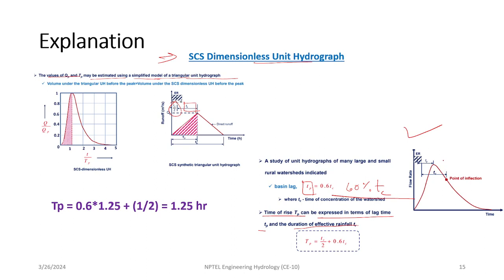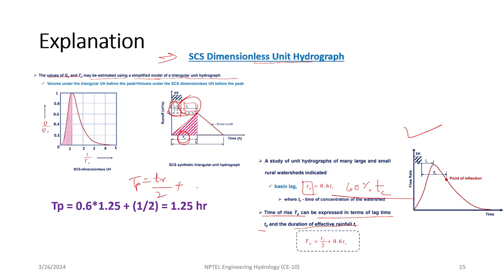While we were discussing about this TP, we want to compute this TP part, right? So from this picture you can directly get that yes, we have to take this particular part TR by 2, right? So TR by 2 we got it. Then there was a parameter called TP, small TP, that is time to reach the peak value. Am I right?